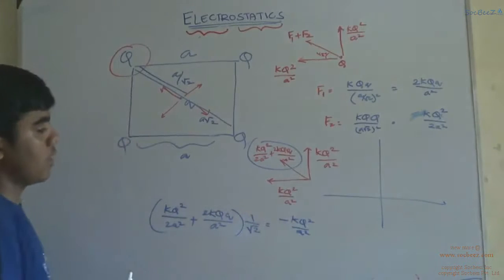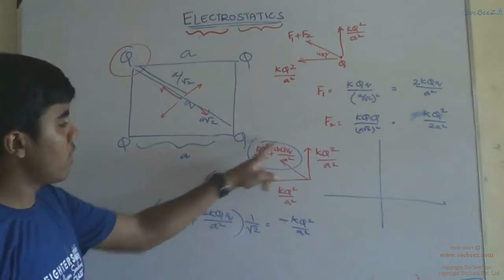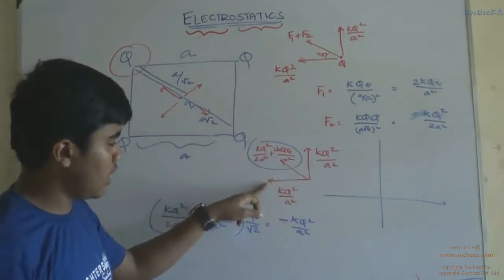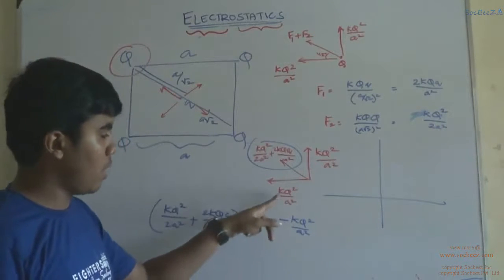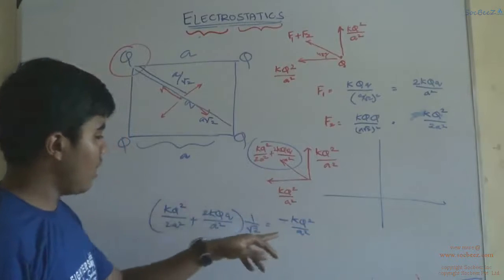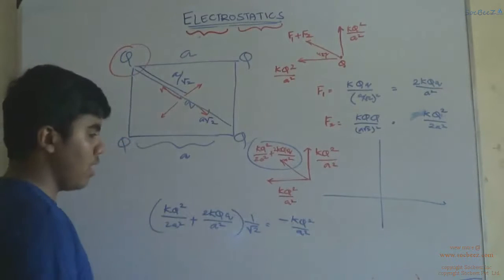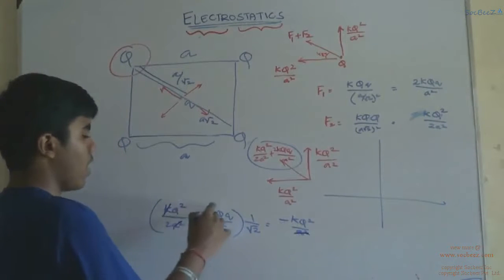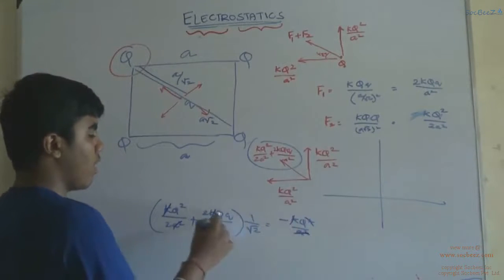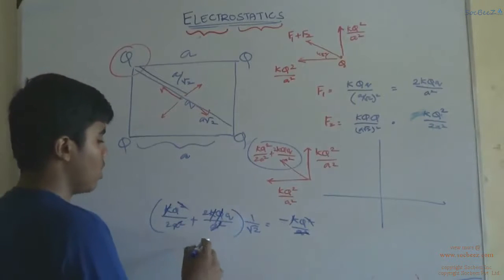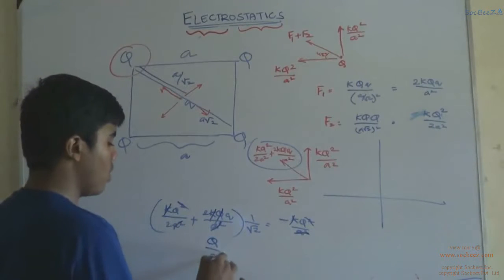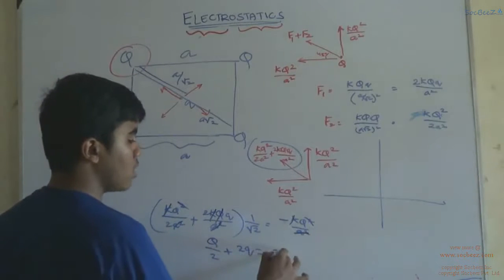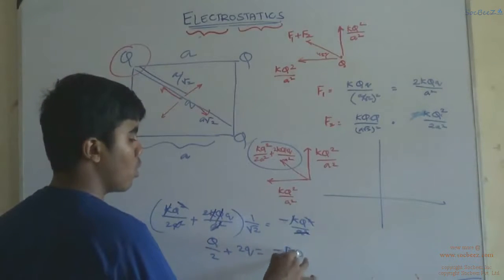Now why does this minus come? See, this is the component of this force in this axis. So the component of this force in this axis plus this force should be equal to 0. Now if I take this that way, it becomes minus KQ square by A square. So A square and A square get cancelled. K gets cancelled. One Q gets cancelled. So we get Q by 2 plus 2q is equal to minus root 2 Q.